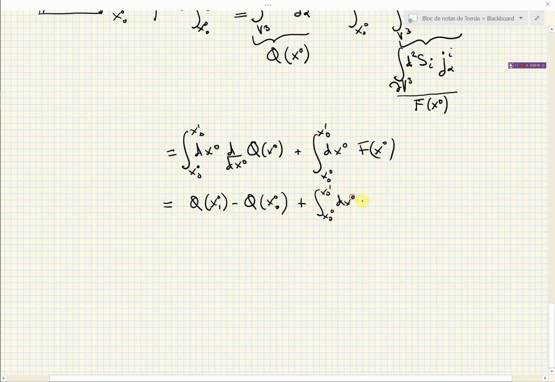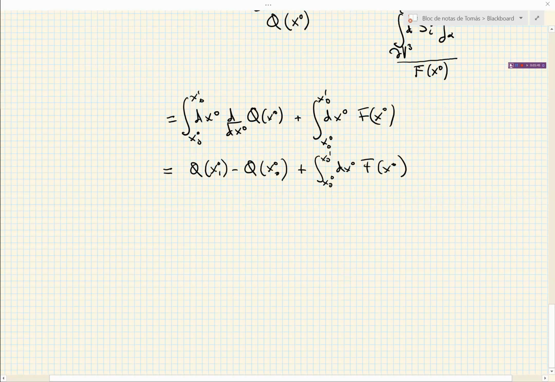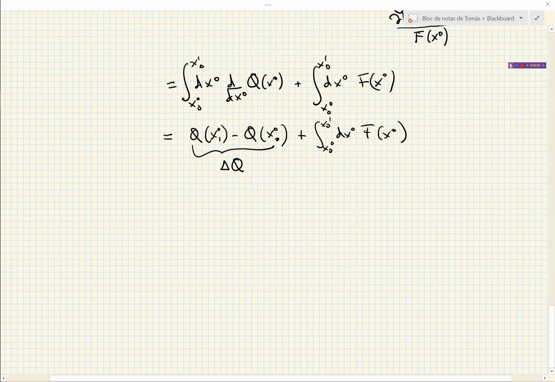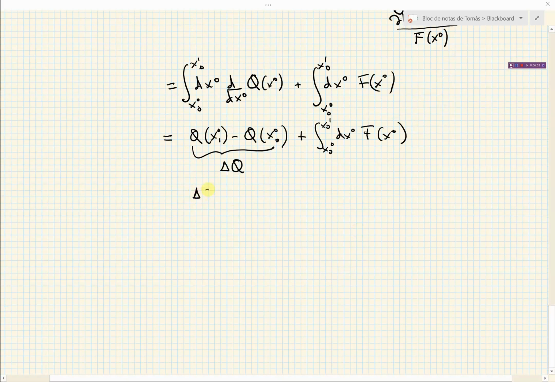Okay, and if you call this delta Q the variation of charge contained in the three-dimensional volume V3, between the initial time x0 and the final time x1, what you get is that this variation is equal to minus the integral of the flux.